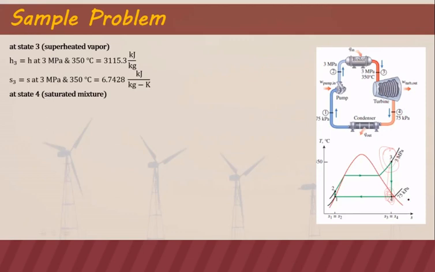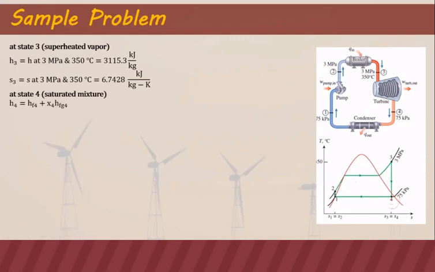The quality refers to the amount of vapor per total mass. So in this case, we do not know where this point is. That's why we will use the data that we already have. We cannot assume that at state 4 it is saturated vapor, but for the condenser, one of the assumptions in a simple Rankine cycle is that it will leave as saturated liquid, but not saturated vapor upon entering.